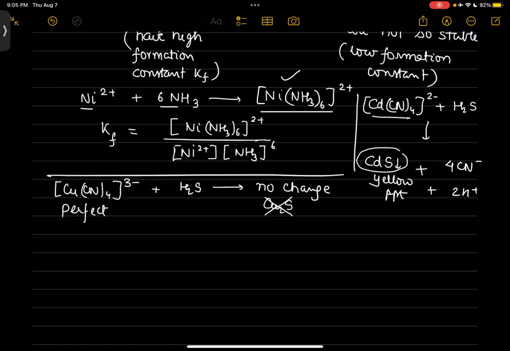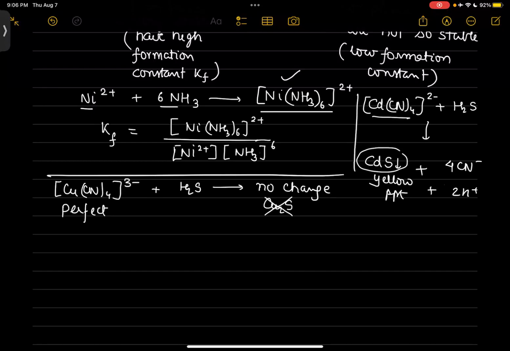But in the case of the cadmium complex, it was imperfect. But how do you know? We can't see the ions and whether they are getting separated out or not. So what we do, we put some reagent, H2S. And H2S was able to react with cadmium, and we are able to see it clearly because that cadmium sulfide is a yellow colored precipitate. So we can immediately find out that, okay, this cadmium sulfide is forming, yellow colored precipitate is there, right? Is it clear?